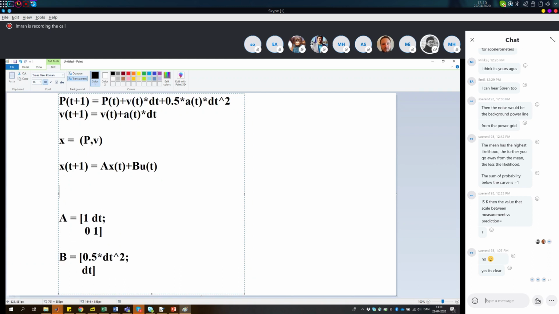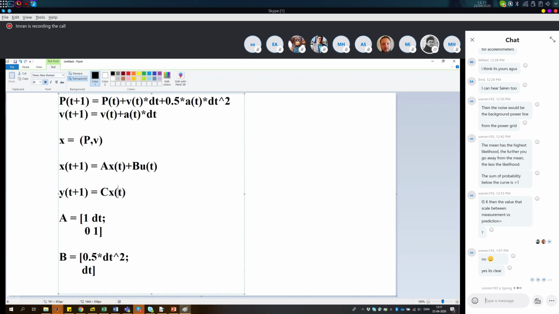Yeah, that's right. And then, so you have your state equation in state space. How about measurement? Let's say that you are only able to measure the position. So if you are only able to measure the position, then your measurement, let's say like this, will be equal to matrix C times xt. Now what is matrix C?